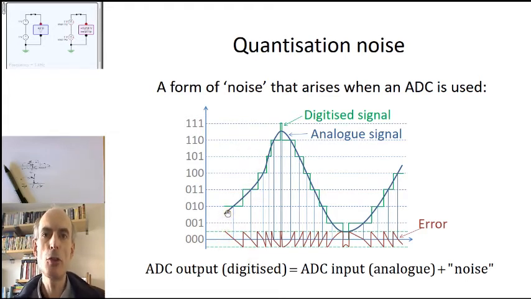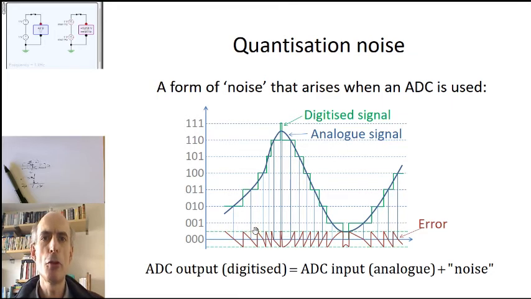That means that when you do a process of conversion from the analog domain to the digital domain here, there is going to be an error introduced. And the error is the difference between the actual value of the analog signal and the output of the ADC, which would be the nearest one of these digital signals. That error voltage there behaves just like noise. It's an additional voltage that gets added onto our signal when it gets converted from the analog domain to the digital domain.